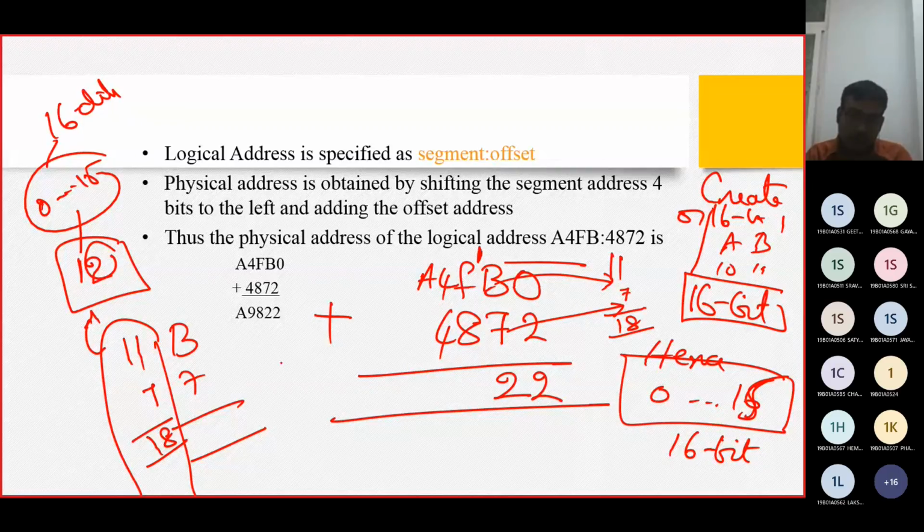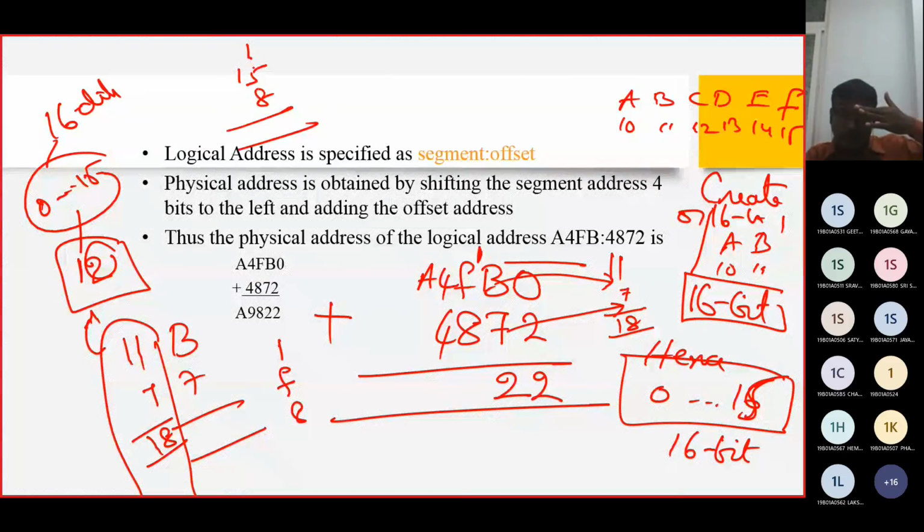Next one, I have 1, I have F, I have 8. F value, so I get A, B, C, D, E, and F. Yes, it is 15. So 10, 11, 12, 13, 14, 15. So 1 plus 15 plus 8 is 24. In 24, how many 16s are there? We are going to get only 16. Plus 8.